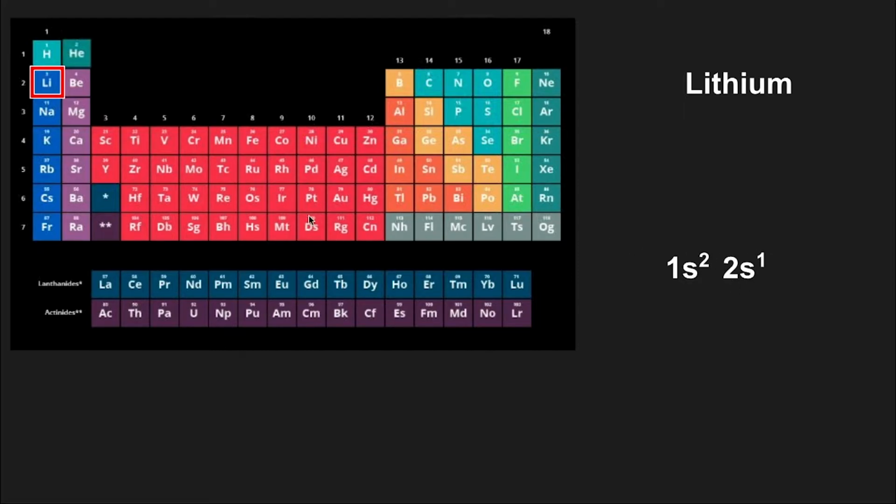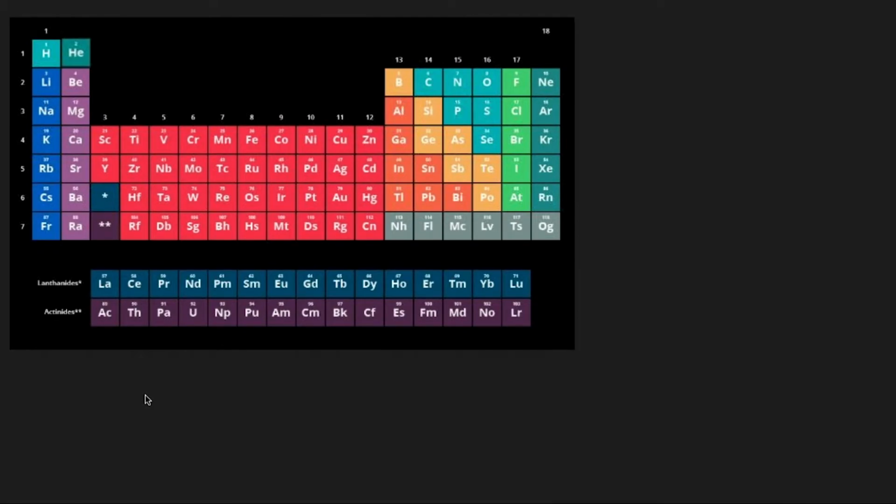And if you remember, every element after helium has a p subshell. But looking at the p subshell of lithium, you see that it has no electrons. So it's 2p0. But if there are no electrons in the subshell, we just don't include it. So the final electron configuration for lithium is just 1s2, 2s1. And if we count up the superscripts, the 1 and the 2, we get 3 electrons. And that's how many lithium has. So we're good to go.